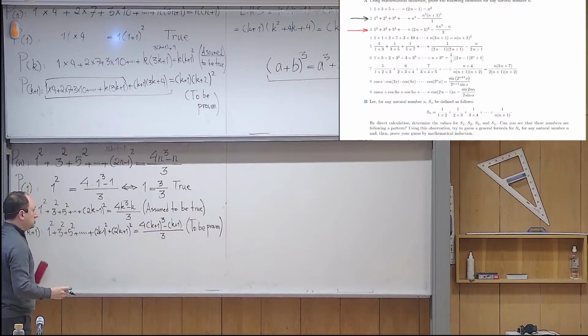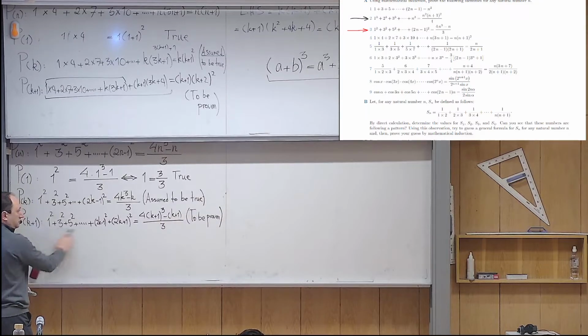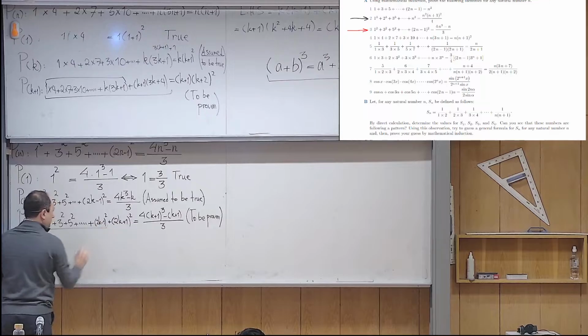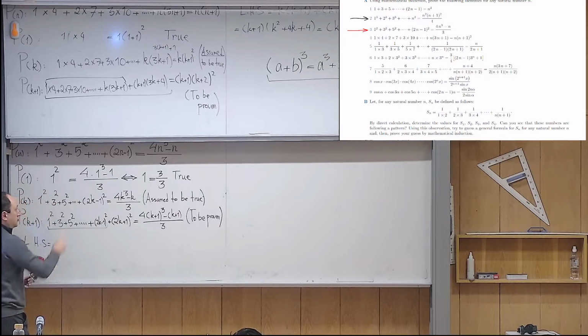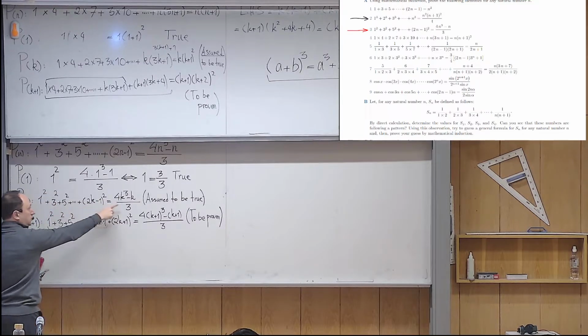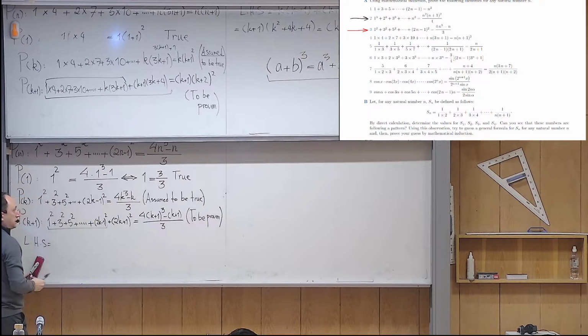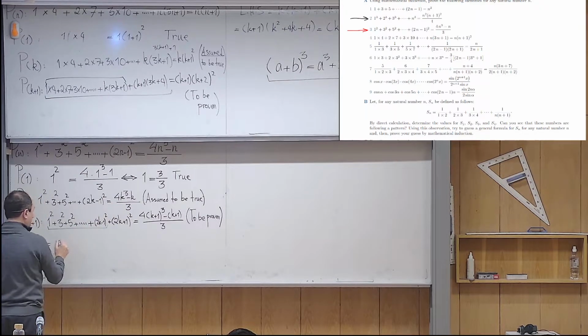Okay, so what we do, this is more or less standard. Again, for this problem, I start from the left-hand side. You see that the left-hand side is from here to here, but we already know the answer to this part, because I assume that this is equal to this expression. So what I need to do is write 4k cubed minus k over 3 for this expression.